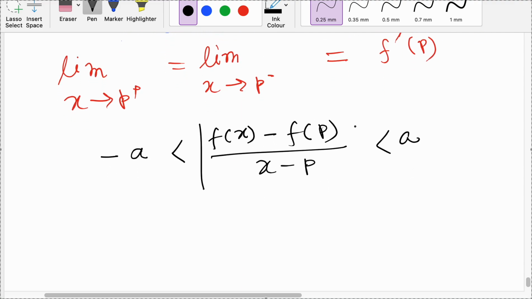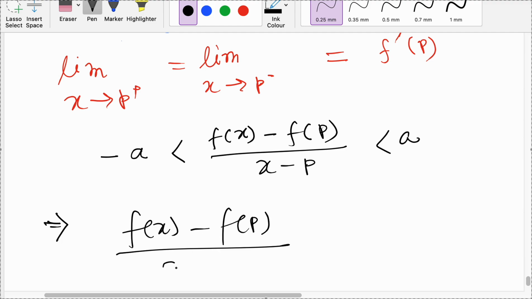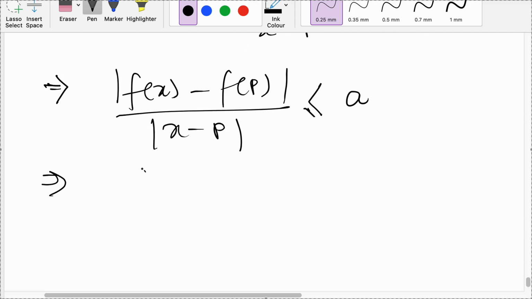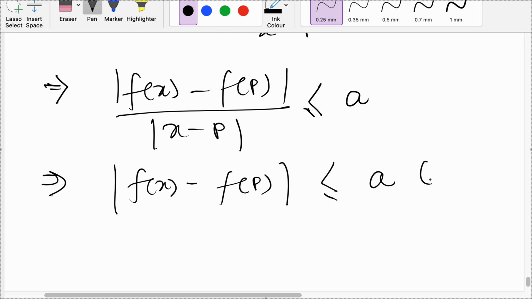So this means the modulus of f of x minus f of p by x minus p should be less than or equal to a, or the magnitude of f of x minus f of p should be less than or equal to a times x minus p.